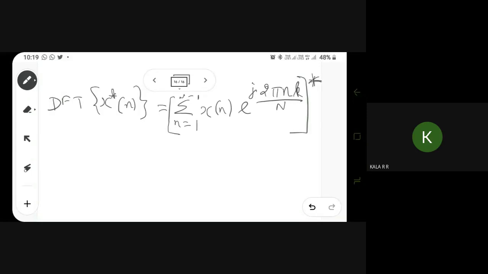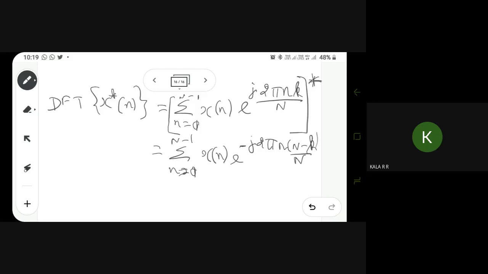Now what you have to do? You have to substitute the value of k. Okay, so substituting the value of k means it becomes n minus k. Summation n equal to 0 to n minus 1, x of n, e power minus j into 2 pi n into n minus k by n.